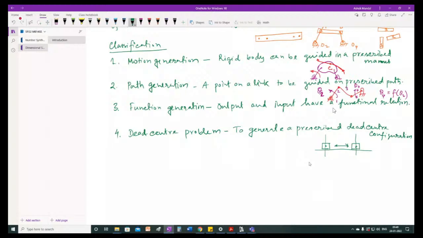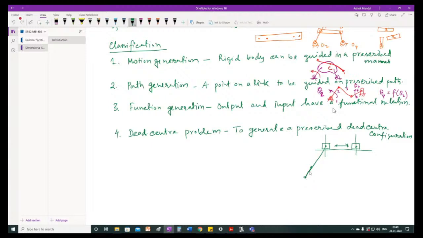So these two extreme positions will be satisfied when, suppose, this is the coupler, and the crank is here.